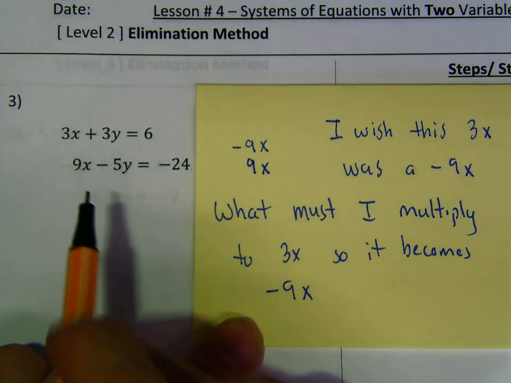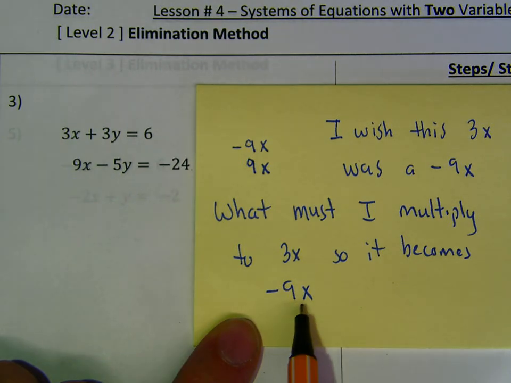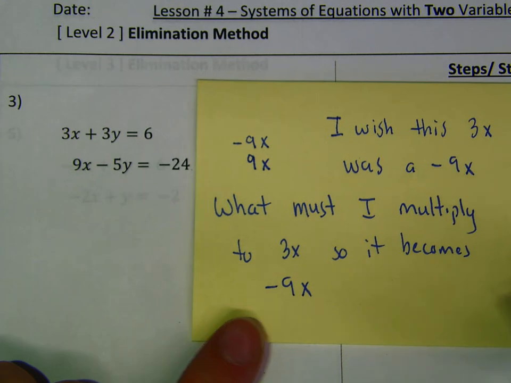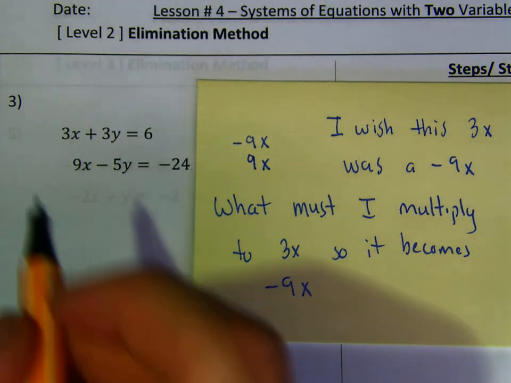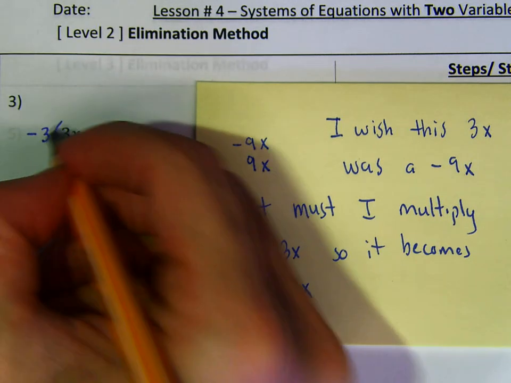Right? 3x times what gives me negative 9x? That's the question you have to ask. Now, you could pause the video and think about it, right? What will it be? It will be -3.